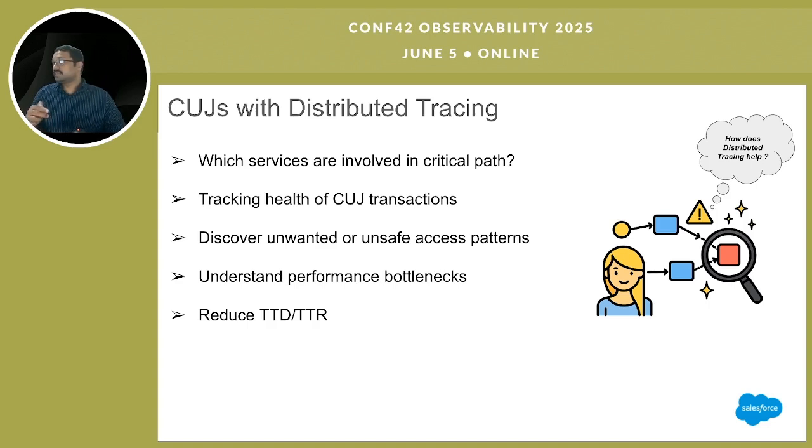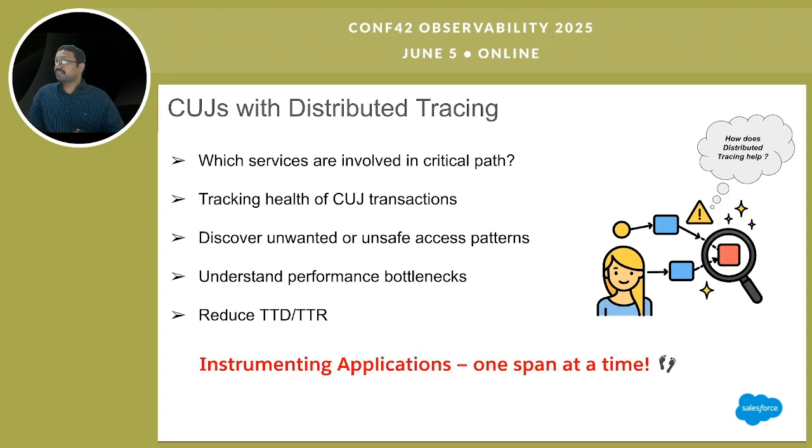Now, these user journey flows often evolve because new features get added, and therefore it becomes important to keep track of them, and tracing can help identify unwanted, unsafe access patterns as well. And since you're tracking individual requests, it can help you identify where exactly the performance bottleneck is, and by doing so it can reduce the time to detect and time to remediate issues.